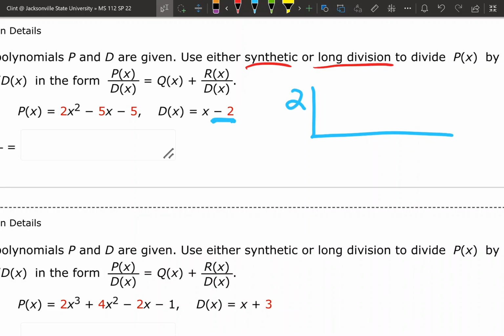And we also have to look to see if we're missing any powers of x. If we're missing any powers of x, we need to put in a 0 placeholder. Here we've got them all. Our exponents go 2, 1, and 0. So we don't need any placeholders, and our coefficients are 2, minus 5, minus 5.